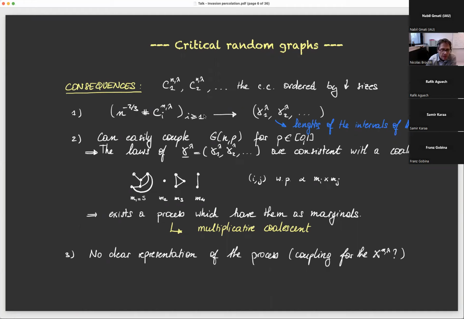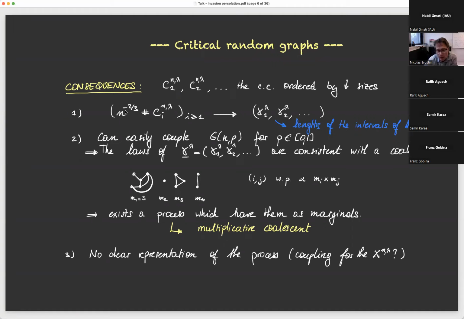What is interesting with this is that you can actually couple all the G(n,p) for all the p in the following way. What I said before is that to construct G(n,p), you put an edge between two nodes with probability p independently for every edge. So you can construct this by assigning a uniform random variable to every edge and saying that there's an edge if the uniform is lower than p.